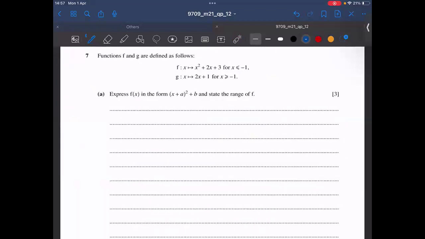Let's quickly do the completed square form. For f of x, we have x square plus 2x plus 3. The coefficient of x square is plus 1. When the coefficient of x square is plus 1, we move on to the next step. We put up two pairs of brackets, square on both, and copy the constant plus 2.